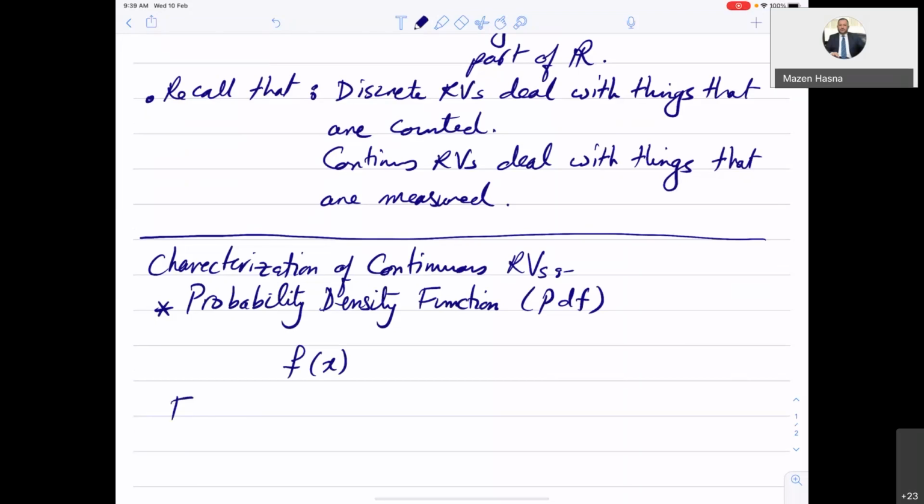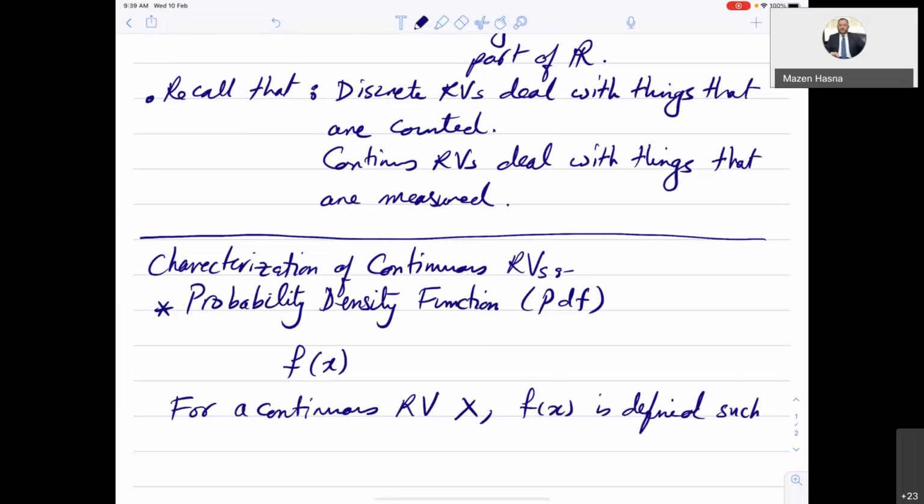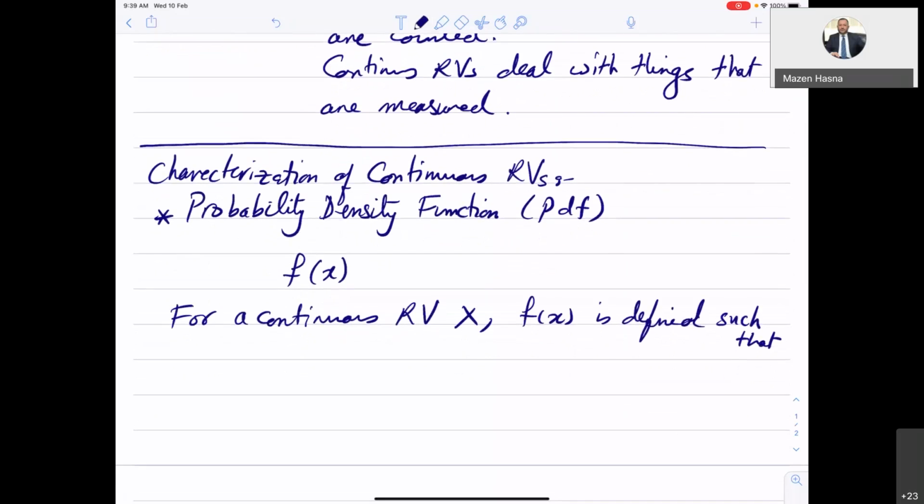So for a continuous random variable x, f of x is defined such that f of x is greater than or equal to 0.